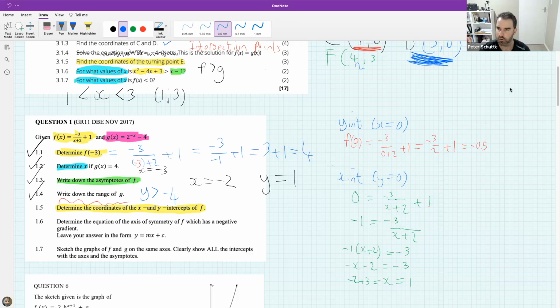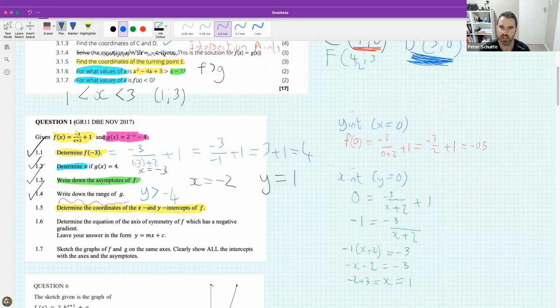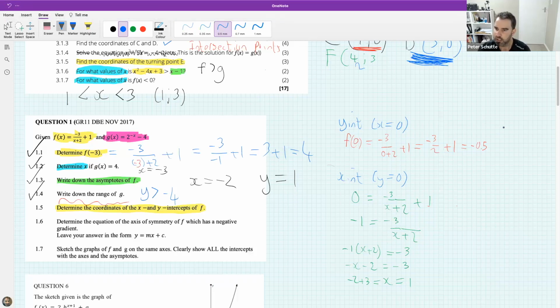So let's have a look at what people are saying in the chat. So for the y-intercept, students are indeed getting 0 and then minus a half or minus 0.5 for the y-intercept.